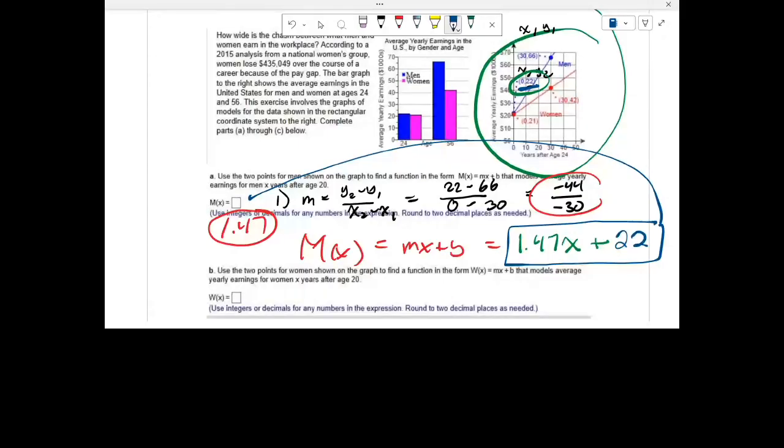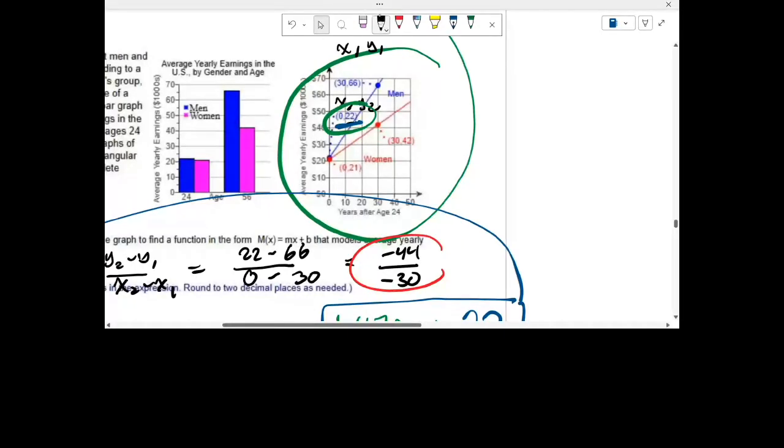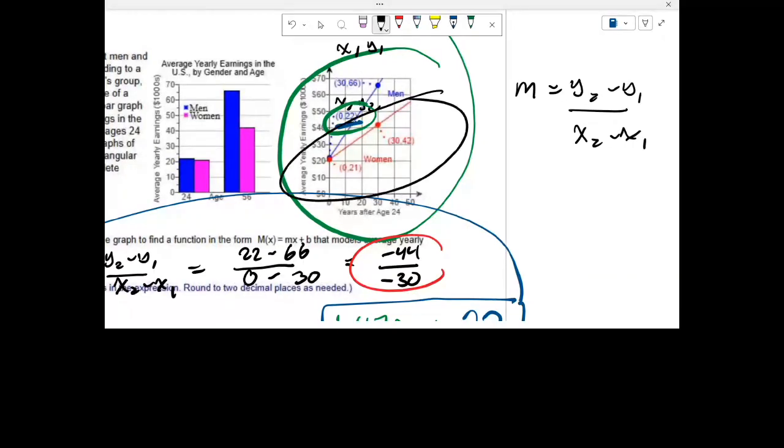Now, we're going to repeat that process for part B, but now we're going to do this for the women. Okay. So look, I'm going to scroll just over here, where I got a little bit of room. And I'm going to say, I need to find my slope. So here's my slope formula. Now, I'm doing this for the red line. I'm going to call this my X1 and Y1, and that my X2 and Y2.